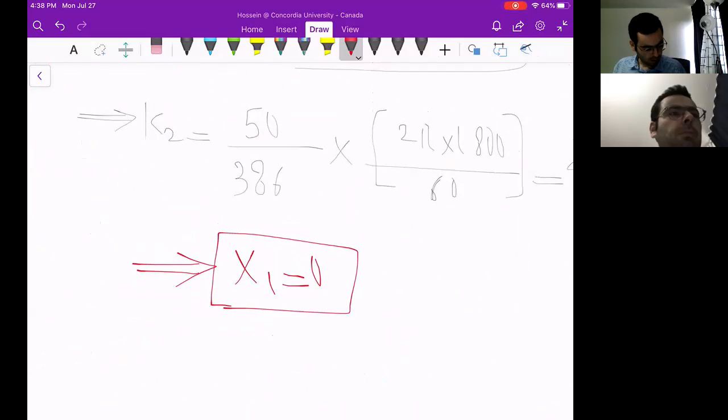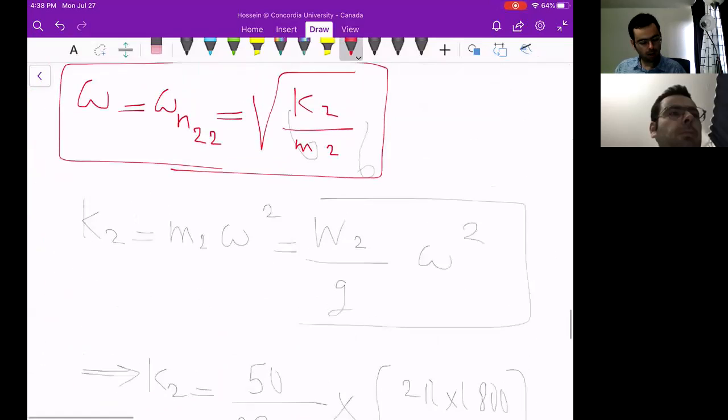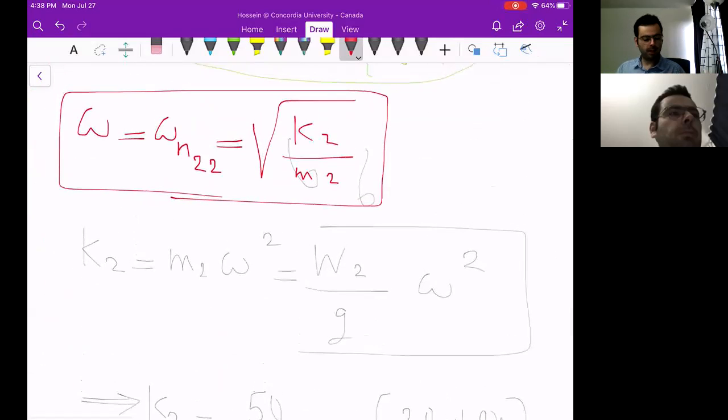So if we design it like this for the absorber mass, all the vibration force will be transferred to the absorber mass.